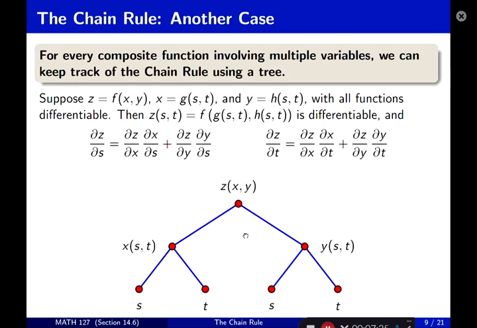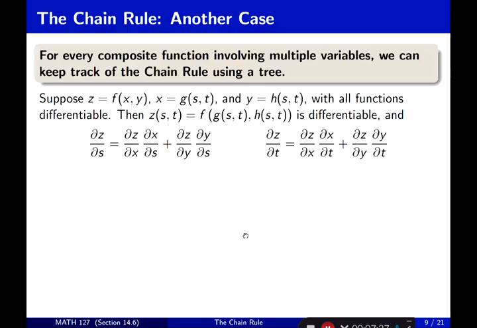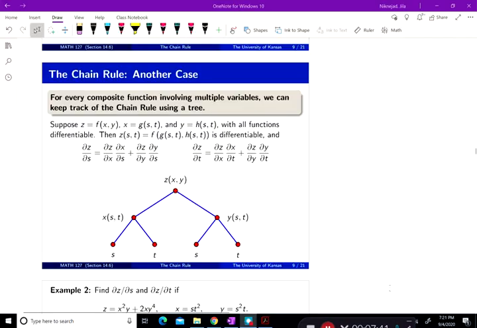So there are 2 branches that go from... so I'm looking at travel from z to s, one route and another route right here, and that gives me this one is partial of z with respect to x.